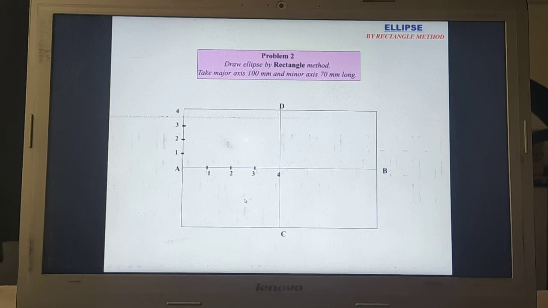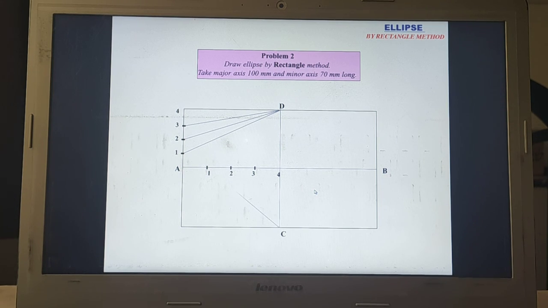Now it is divided. What we need to do is join point D with 1, D with 2, D with 3, like this. Then we need to join point C with point number 1, and extend that line until it meets the line 1D.